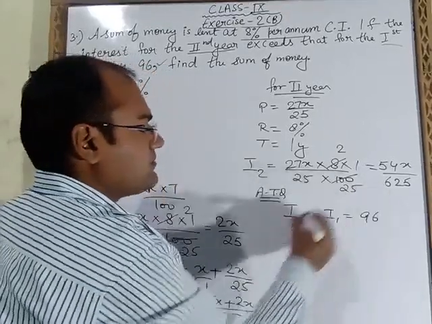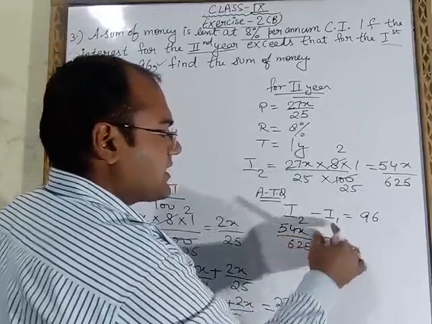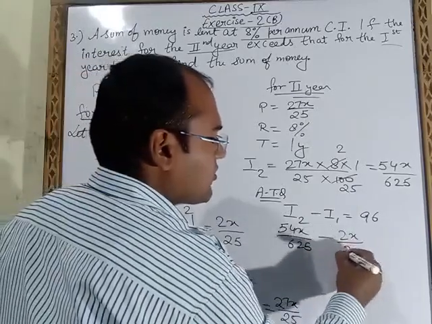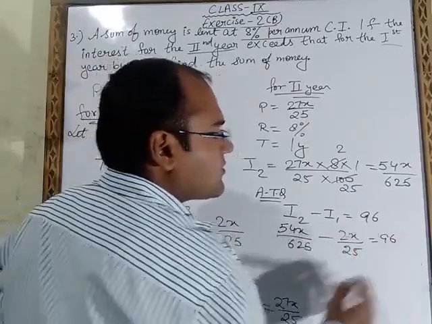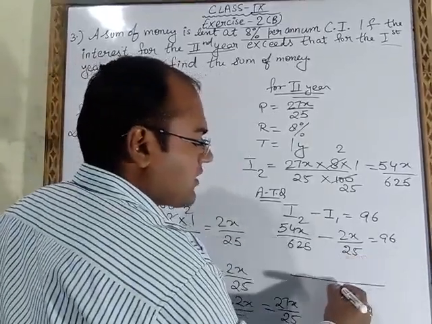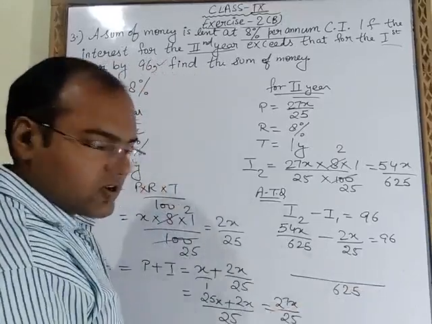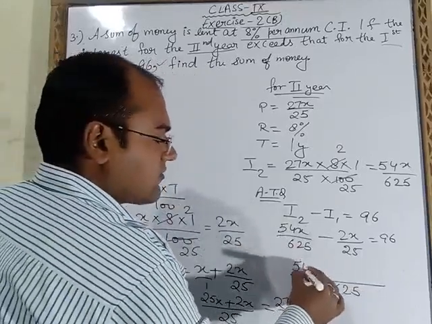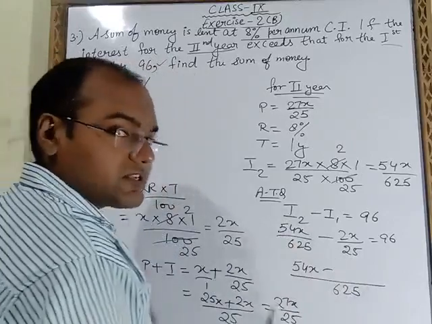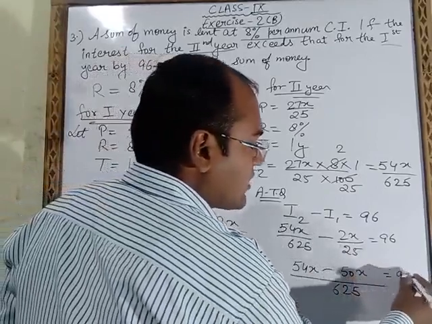I2 value is 54x upon 625 minus I1 value 2x upon 25 is equal to 96. Now we will take LCM. 625 and 25 LCM will be 625. 625 ones are 625, 1 into 54x will be 54x, minus 25 into 2x will be 50x, is equal to 96.